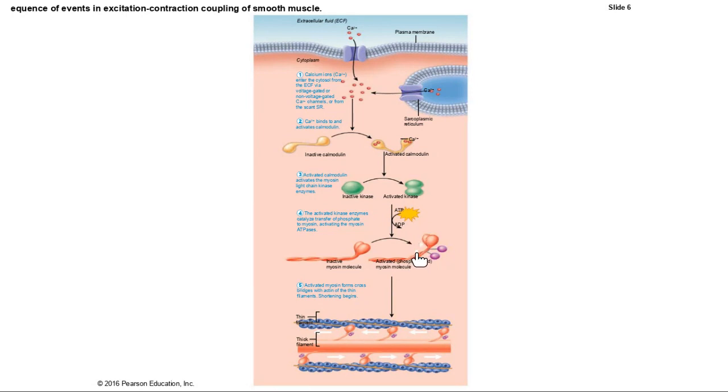But instead of hydrolyzing ATP, what we're doing is using a kinase to take off that phosphate and add that phosphate to the myosin head. And then what we see here is the same thing that we have seen before with skeletal muscle. We're going to have our myosin head reach and bind to the thin filament and shorten the sarcomere.